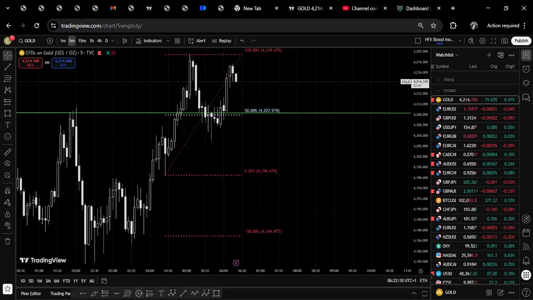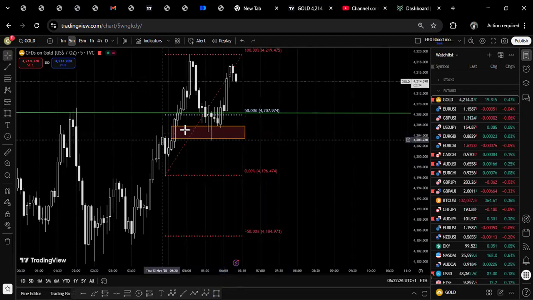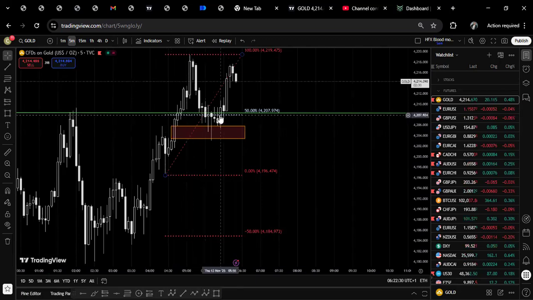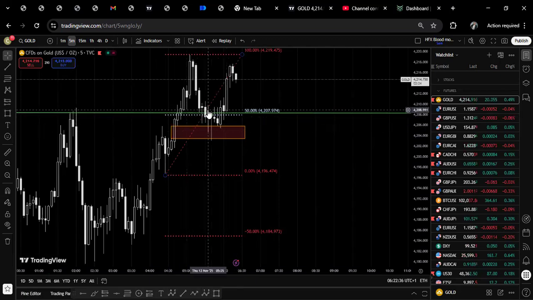So we have a fair value gap here. Of course, and if you're entering at the fair value gap, right? So we have the fair value gap below the 50 zone. For USDJPY, we had the fair value gap right within the 50 zone, right?